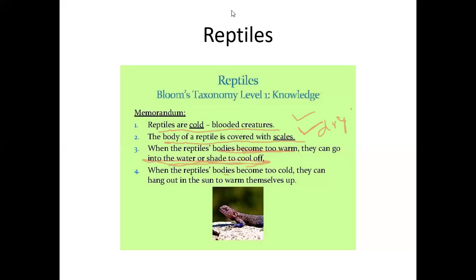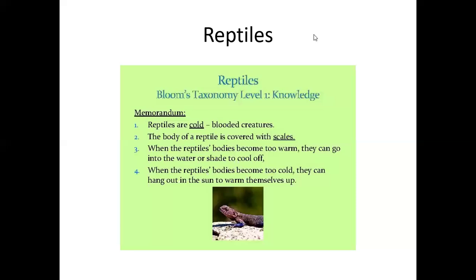When its body becomes too cold, it can hang out in the sun to warm itself up. The reason is that they are cold-blooded, so their bodies are unable to maintain their body temperature. Sometimes they hibernate and sometimes they hang out in the sun. But they have dry, scaly bodies.